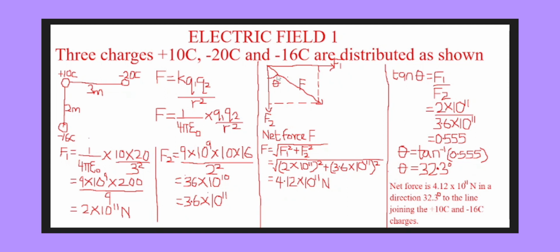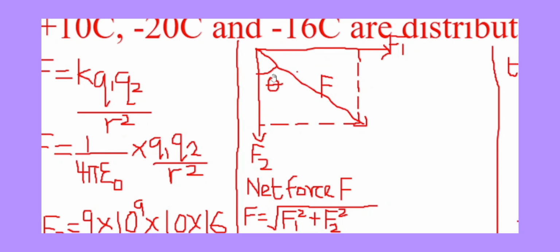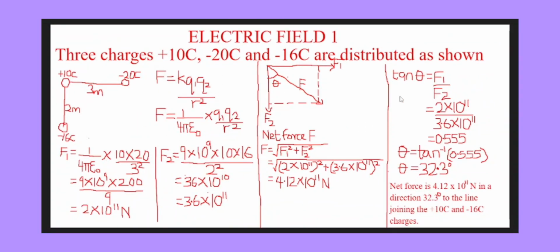Let's represent the angle between the net force and the vertical with an angle theta. This is my theta. I hope you can see what this is. From our SOHCAHTOA, I can write that tan theta, which is TOA, is equal to opposite over adjacent. The opposite to this angle is this place, and the adjacent of this angle is this place.